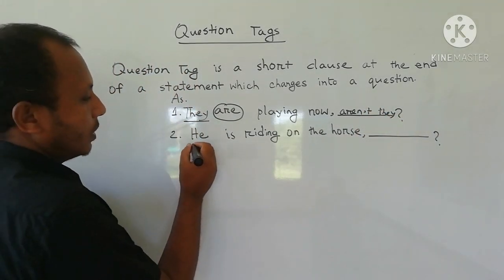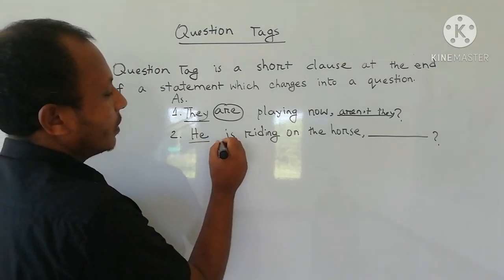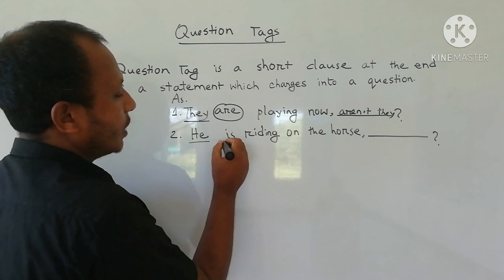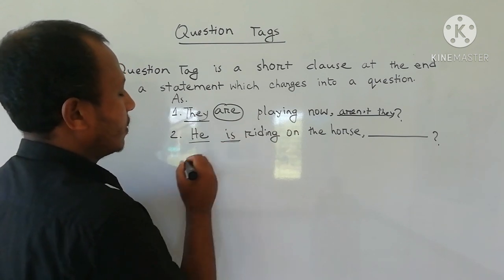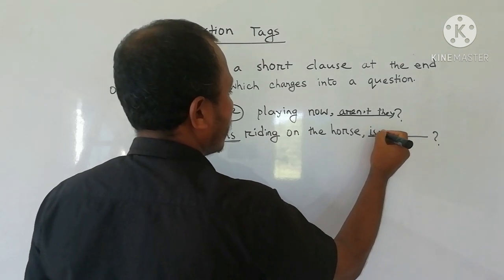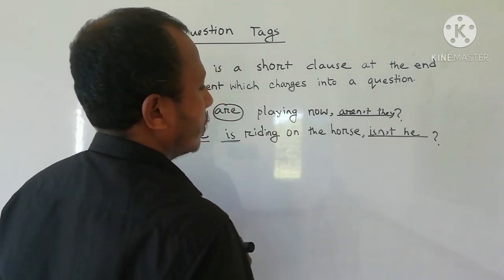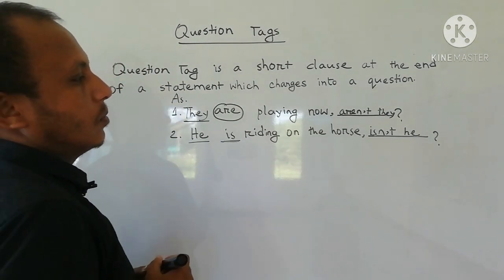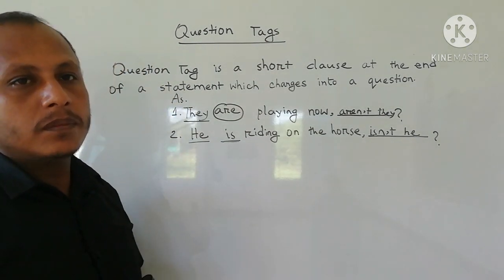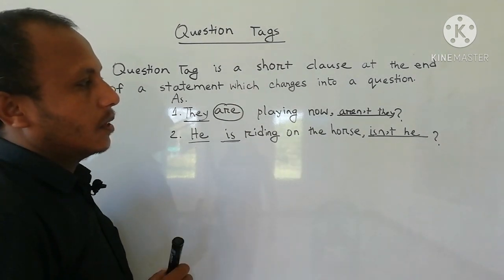Number 2, here the subject is he and the auxiliary verb is is. The question tag will be, isn't he? Now you can think about how the question tags have been made.